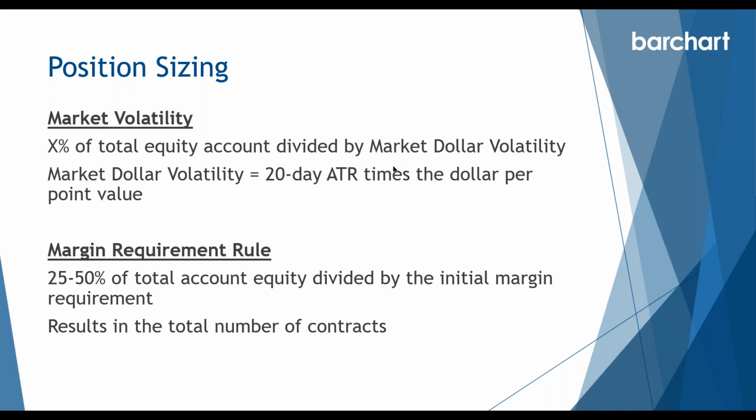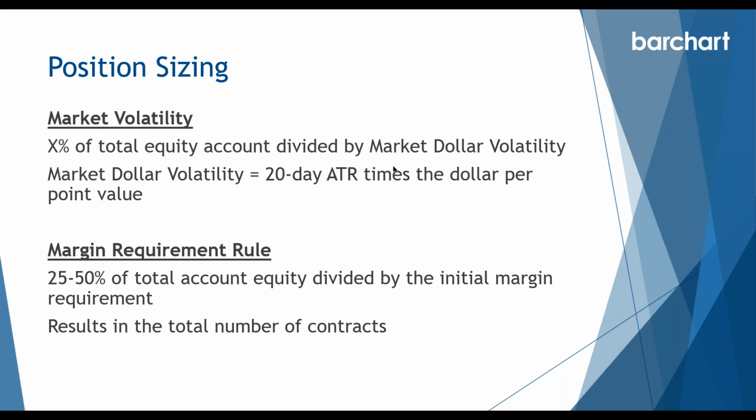Since we're using the 9 and 18, you could maybe use the 9-day ATR, but we're going to times that by the dollar per point value. Again, that was part of that risk management we found on the contract specs page or line in our futures trading guide. And then we divide that into how much we're going to risk or set aside for that trade.